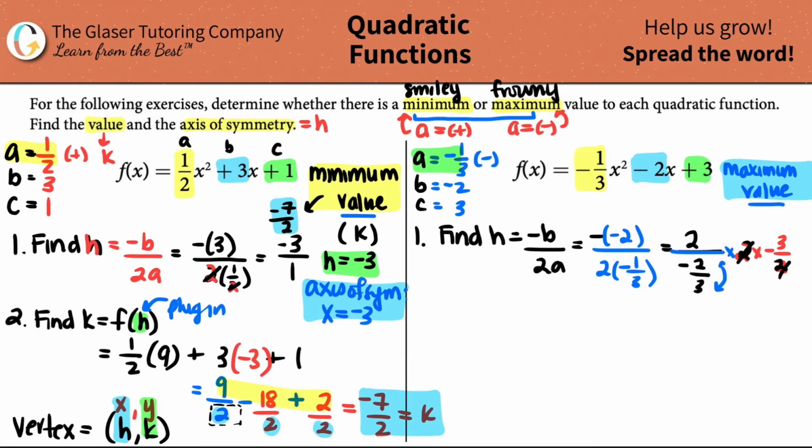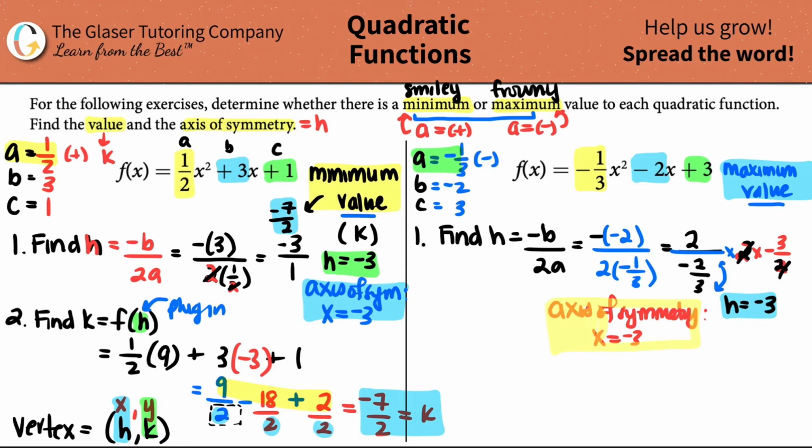They can cancel. So it looks like I have an h value of negative 3. I can't say that for my axis of symmetry. I have to say it in that fancy way. So axis of symmetry is x equals negative 3. And that's the answer to the first part.